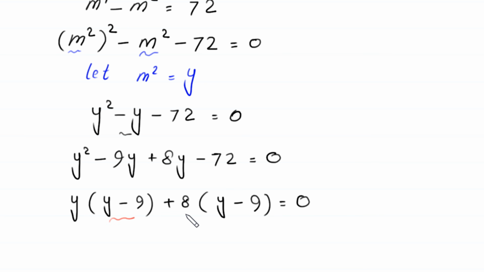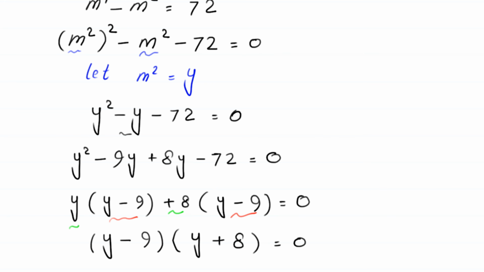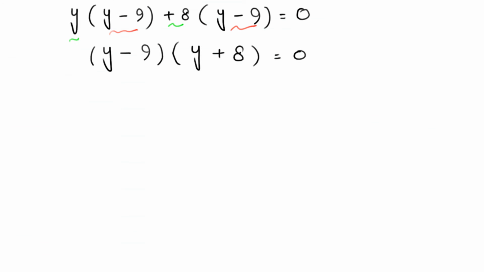This y minus 9 is common, so we factor it out, and in bracket left y plus 8 is equal to 0.